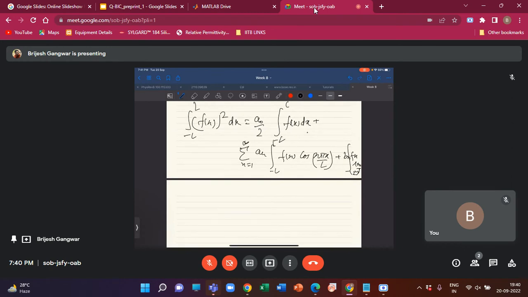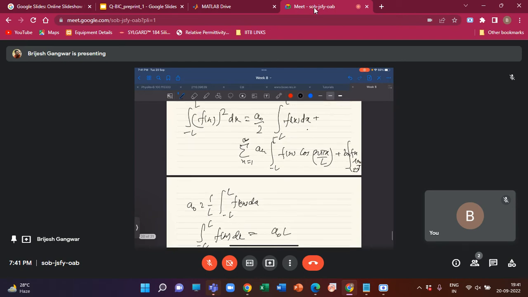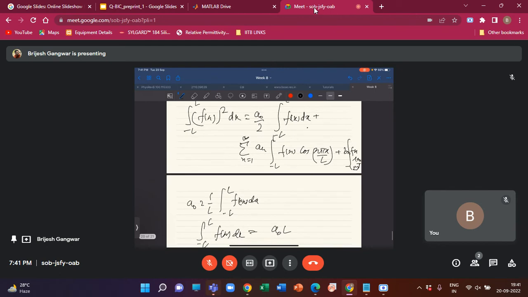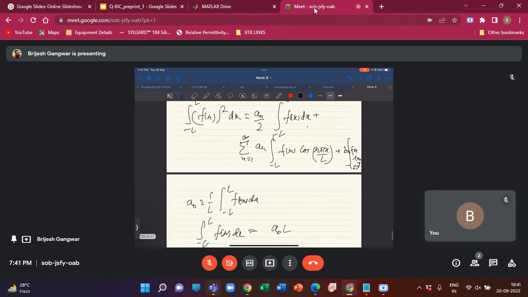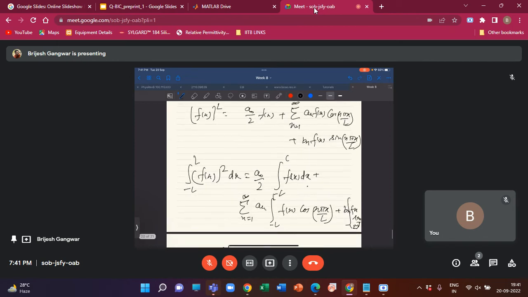We know that a0 is 1 by L integral from minus L to L of f(x) dx. So the integral of f(x) dx from minus L to L will be a0 into L. Here it will be a0 square by 2 when we consider this function.